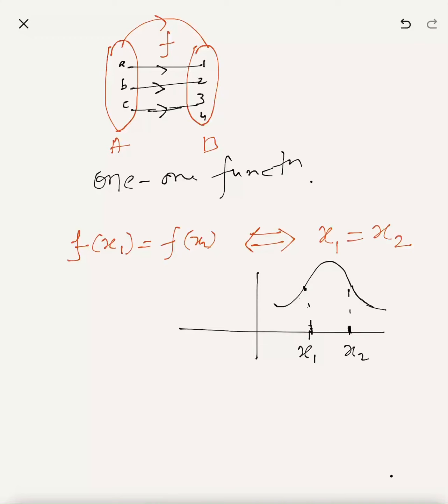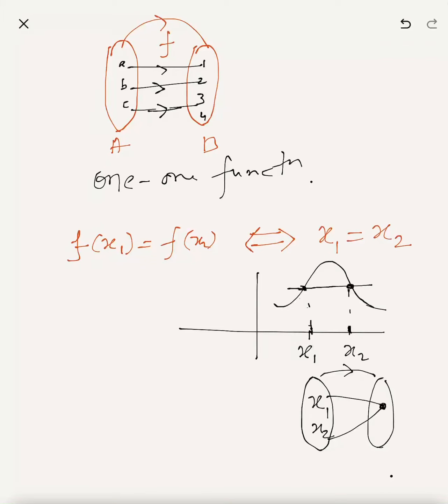Here you will have f of x1 and here you will have f of x2. Both f of x1 and f of x2 are equal. What does this mean? Here in input you have x1 and x2, and f is a function such that when you put x1 you get one output, and when you put x2 you get the other one.